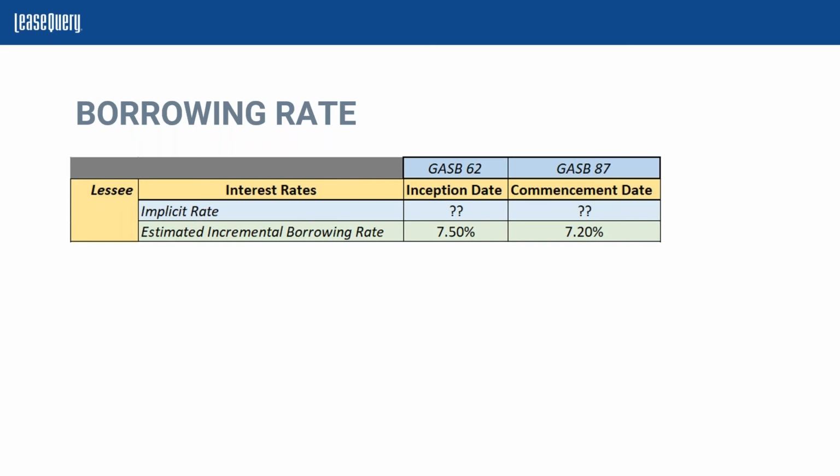After you've determined your role, you should think about whether you have enough information to determine the implicit rate in the lease. The implicit rate is defined as the internal rate of return on all the payments or receipts related to the lease.